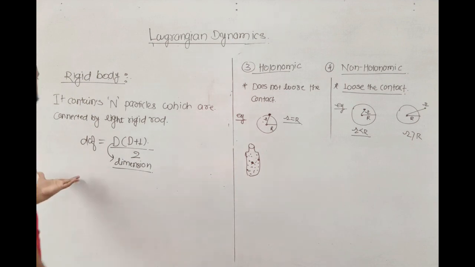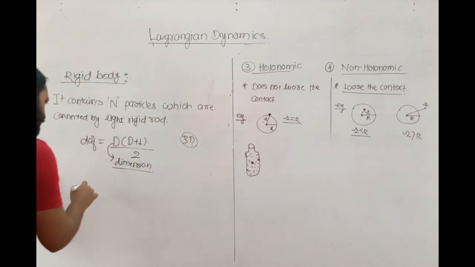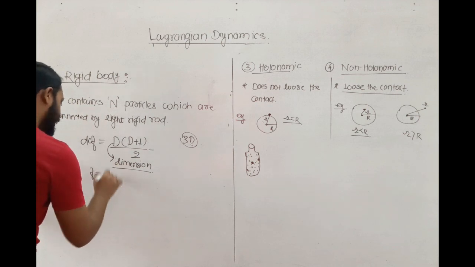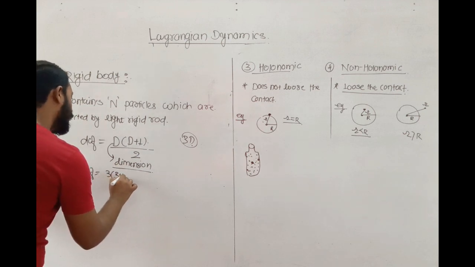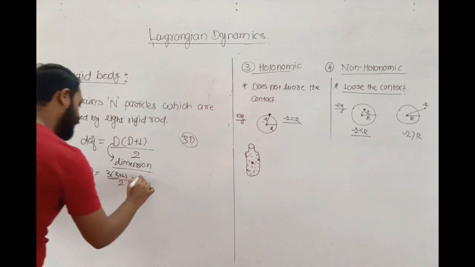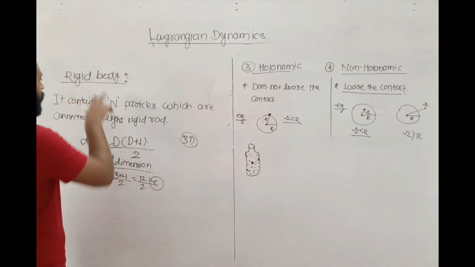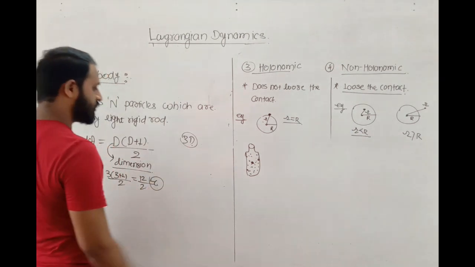If you have a rigid body system in 3 dimensions, just put 3 here: 3 into 3 plus 1 by 2, 3 plus 1 is 4, 4 into 3 is 12, 12 by 2 is 6. This is the degree of freedom for a rigid body in 3 dimensions.